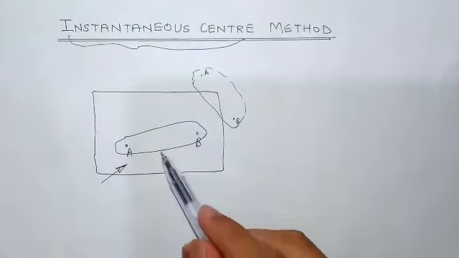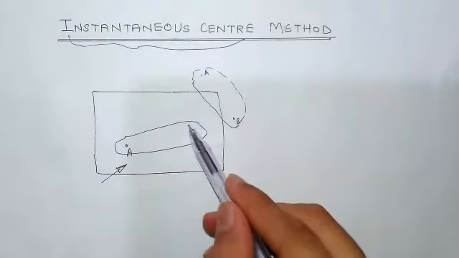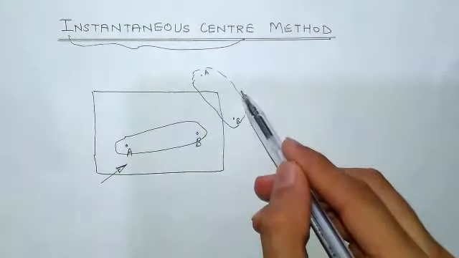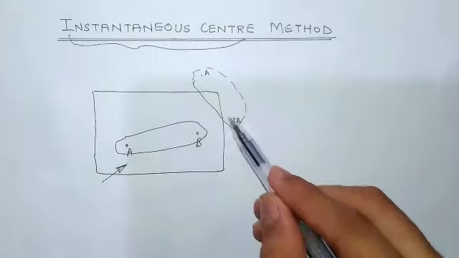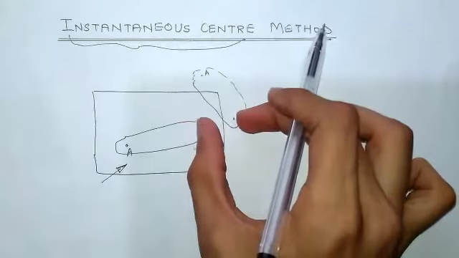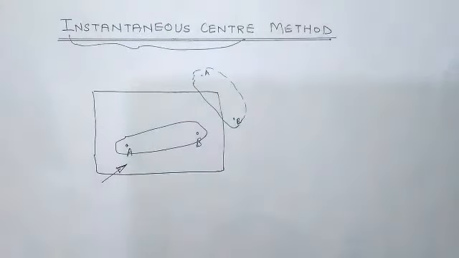We see that in the journey of the body from this position to this position, the body has not only translated from here to here, but also has rotated. And in this type of motion, analysis becomes difficult. If it has only one motion, say rotational motion, the analysis becomes easy.